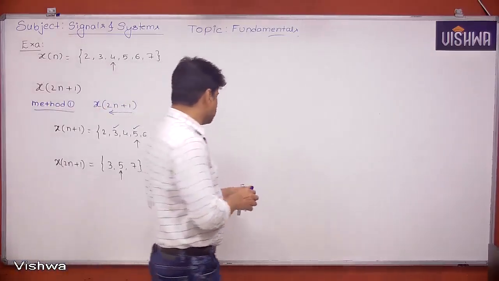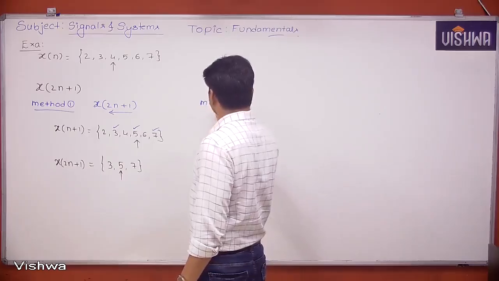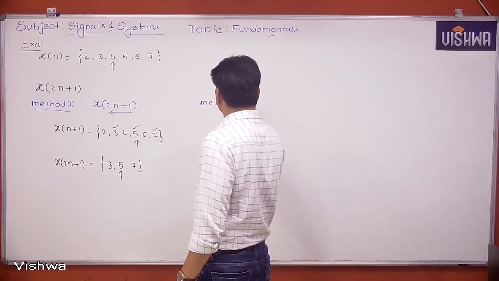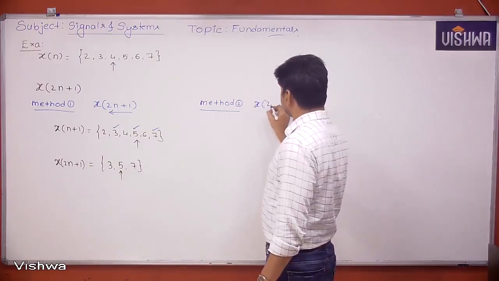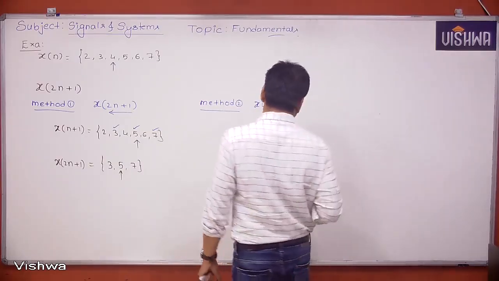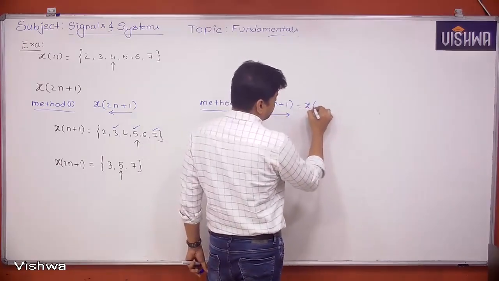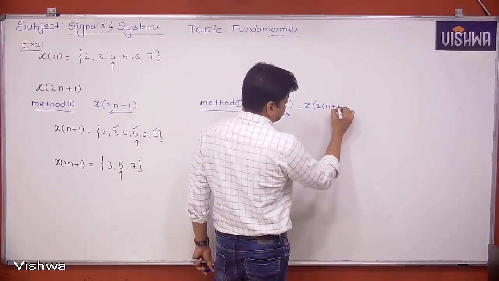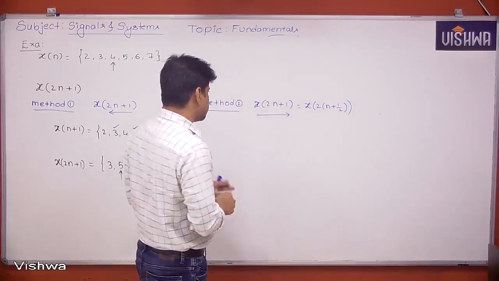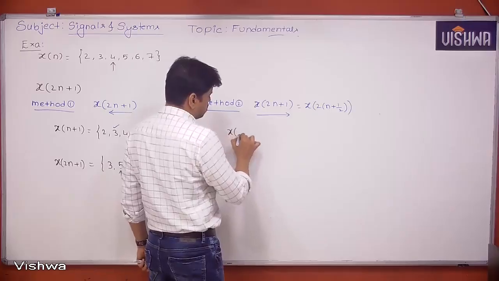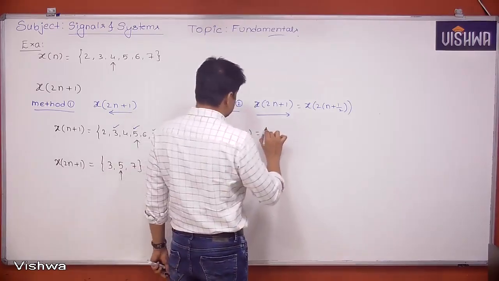If I perform the unnatural method, then what will happen? Method 2: I can go in this direction to perform these operations, x of 2n plus 1. If I take 2 common out, it is n plus 1 by 2. So in this case, first I will go to x of 2n. How can we calculate x of 2n?